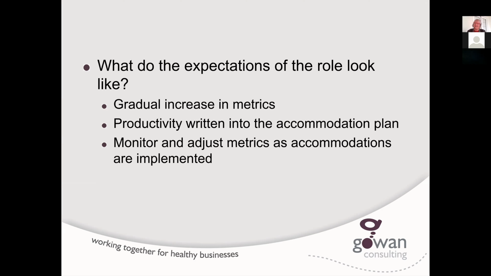What are the expectations of the job? What are the metrics? Is the person going to be able to be 80% productive? Or how will they be measured? So having that as part of the accommodation plan is important. We find that one of the last things we want to do, after we've put in all the accommodations, is take away metrics or requirements around the job.